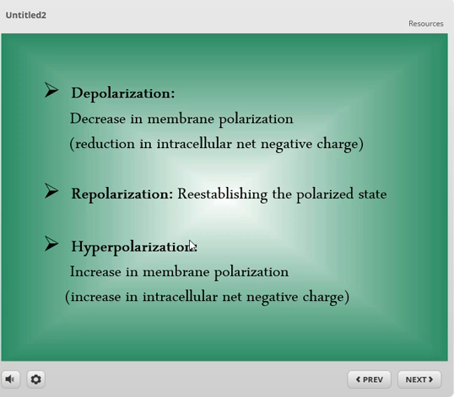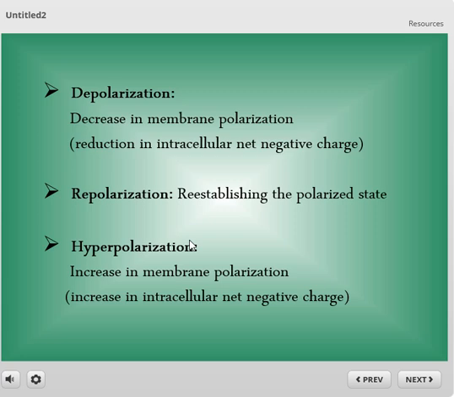The other term is repolarization. Repolarization is the process of restoring the negative resting membrane potential after the depolarization phase of the action potential.